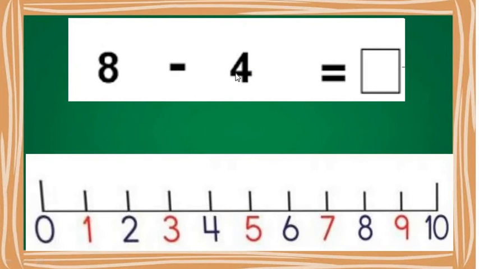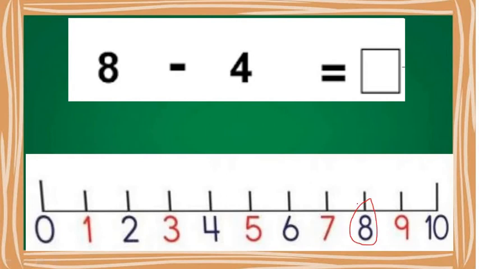8 minus 4. The sum is 8 minus 4. Go on given number line and find out number 8. Look, here is 8. So make circle around 8.